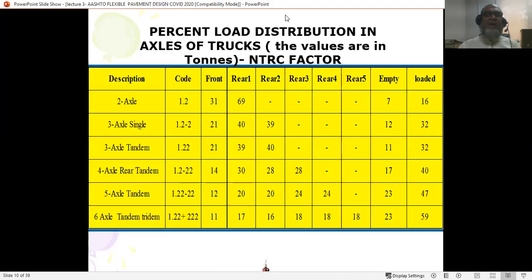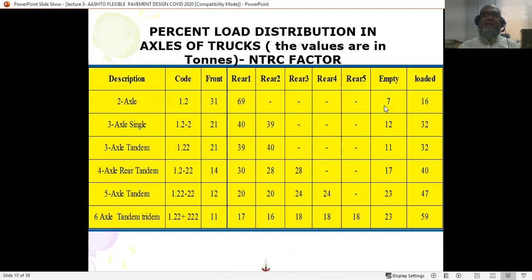Now, how is weight distributed on these trucks? If it is a two-axle truck, the front axle carries 31%, and the rear axle carries 69%.